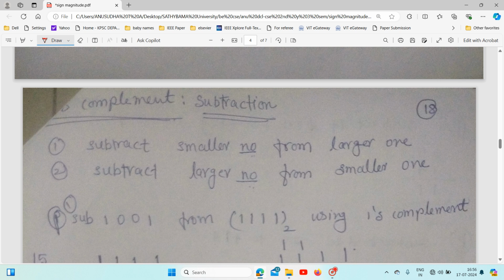Here we will discuss two conditions, that is, two different ways in which we can solve the problems. In the first condition, subtract a smaller number from a larger one. The next one is subtract a larger number from a smaller one.